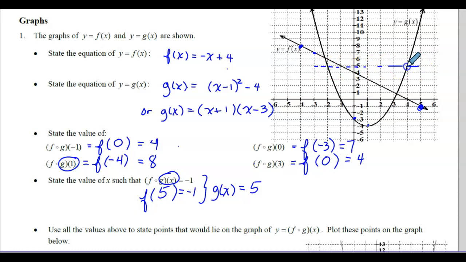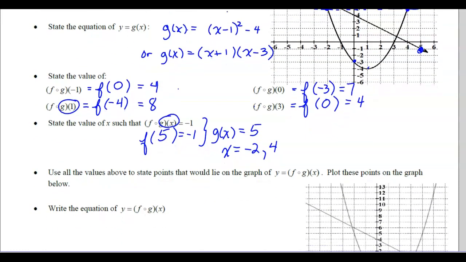And there's 2 values. There's these 2 points. So this is going to happen when x is -2 and when x is 4. Okay? So sometimes you might have 2 values when you're finding x. Not for y, because these are functions.